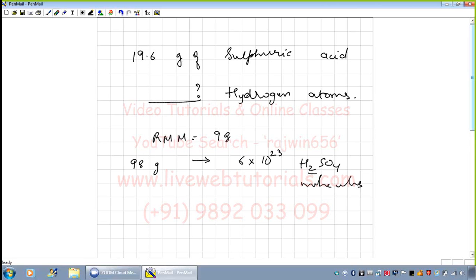If I want the number of hydrogen atoms, then this number will get multiplied by 2, because one molecule is having 2 hydrogen atoms. So this will be 2 into 6 into 10 raised to 23 H atoms.